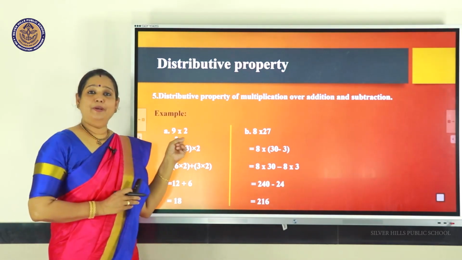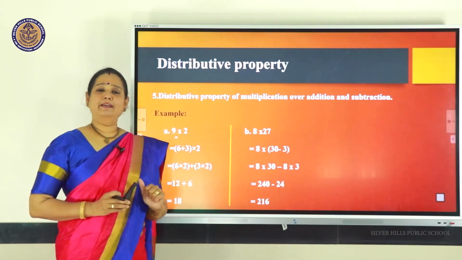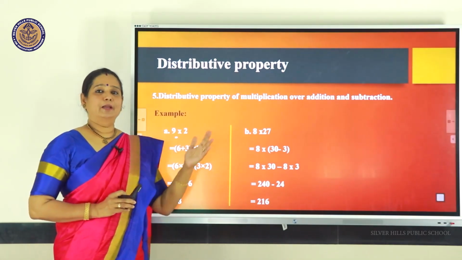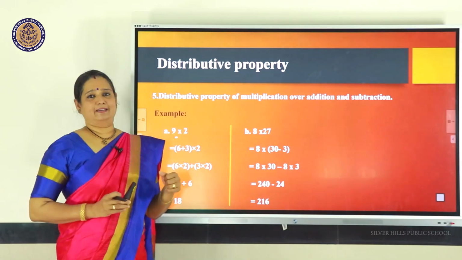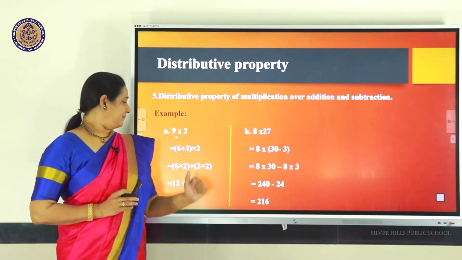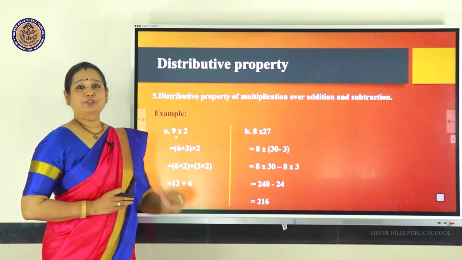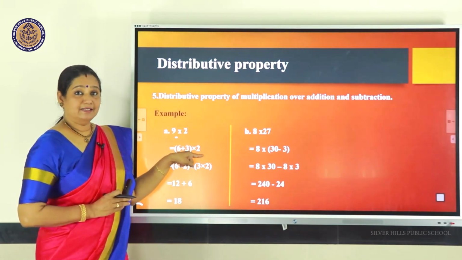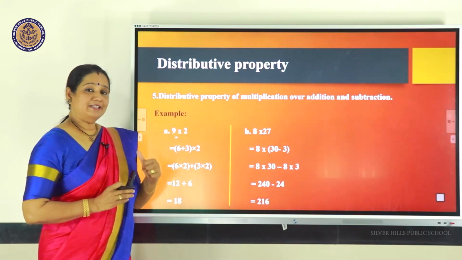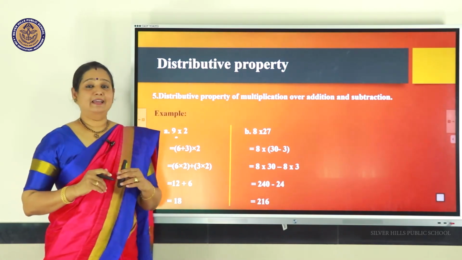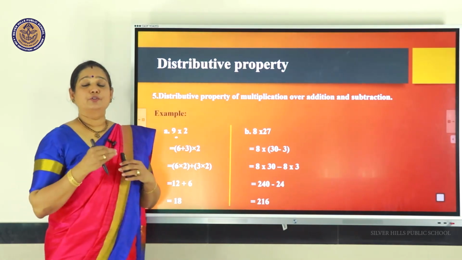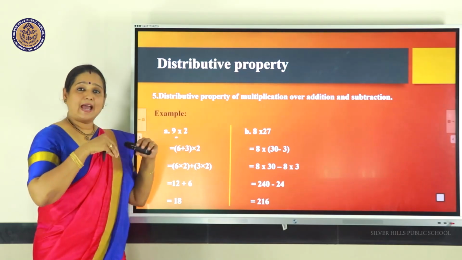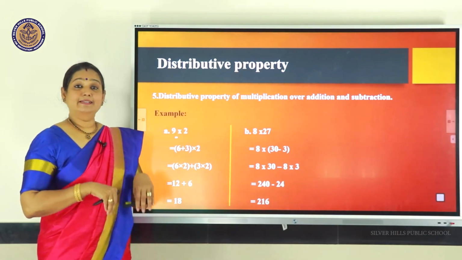Now, we are going to break 9. You can break 9 according to your wish. You can break it into 2 plus 7 is 9, 5 plus 4 is 9. Here 6 plus 3 is also 9. Now, look at the number which is outside the bracket, that is 2. Now, imagine that one outsider is standing and he is going to distribute things to the persons who are standing inside the bracket.